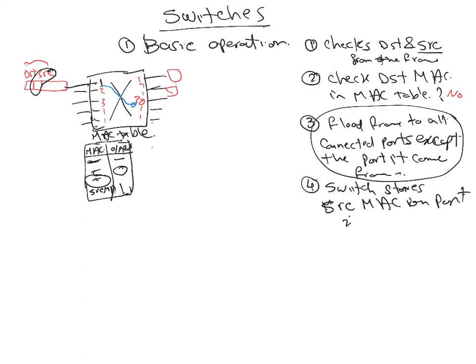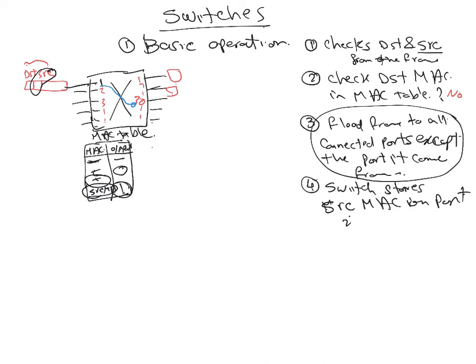So next time, if the MAC address of the source becomes a destination in a future frame, and that depends on other things, it's outside my scope, but if it happens that this MAC address becomes a destination MAC address in another frame, next time I will look at this MAC address and I will figure out that it's connected on port 1.